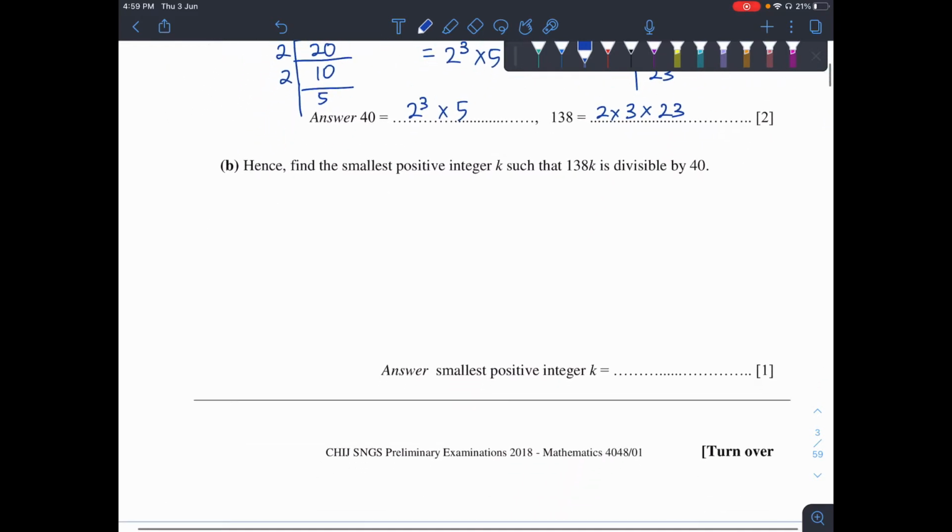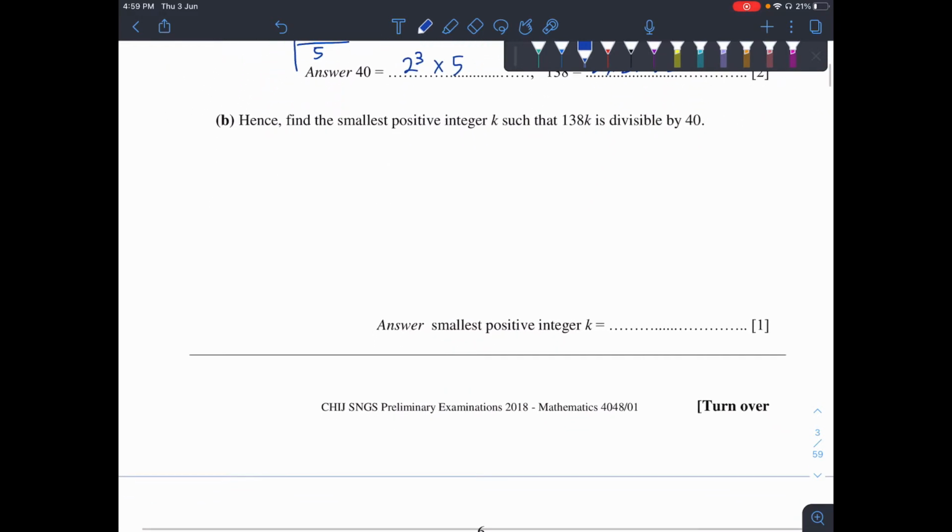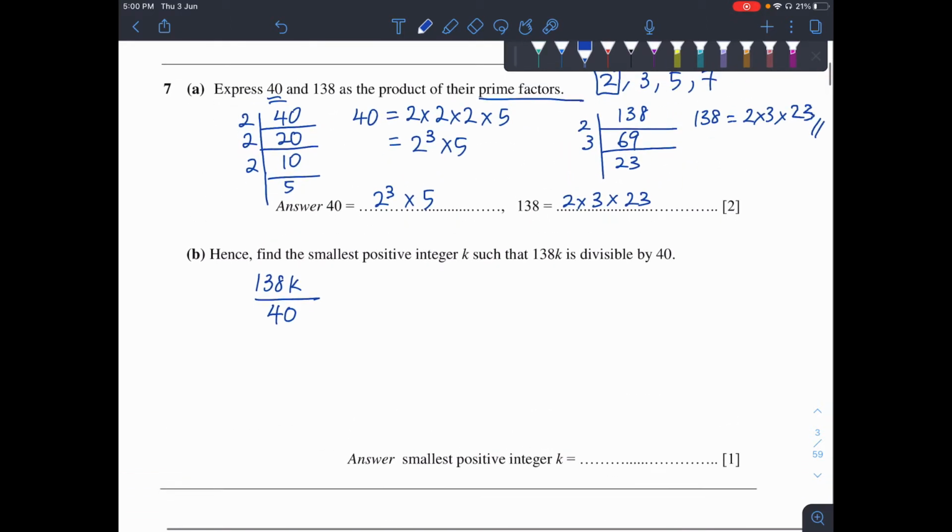Okay, so for the next question, hence, find the smallest positive integer k such that 138k is divisible by 40. So 138k is divisible by 40. So because we worked out the prime factors of the numbers just now, we can copy it down.